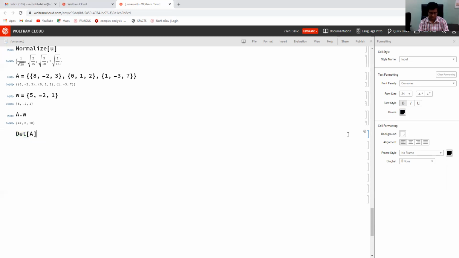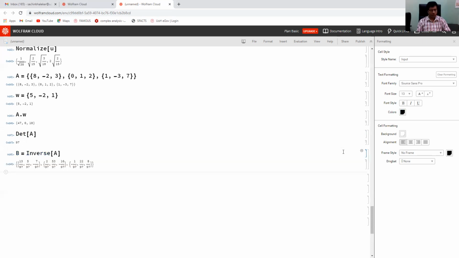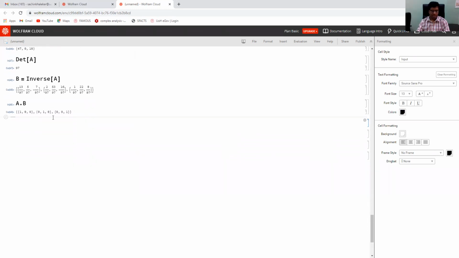Det of A is the determinant of A. We can find the inverse of A. Let us call this matrix B. Let us define B equal to inverse of A. Now let us take the product of A and B. A dot B. This is the identity matrix. We can verify that B is really the inverse of A. Similarly, B into A is the identity matrix.